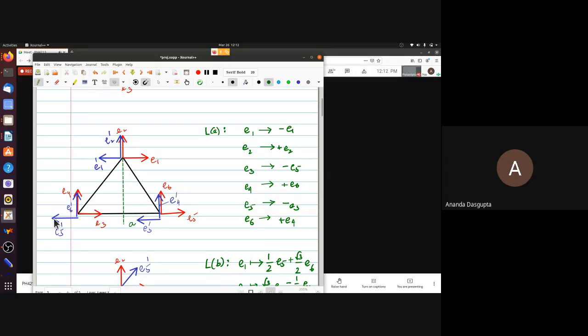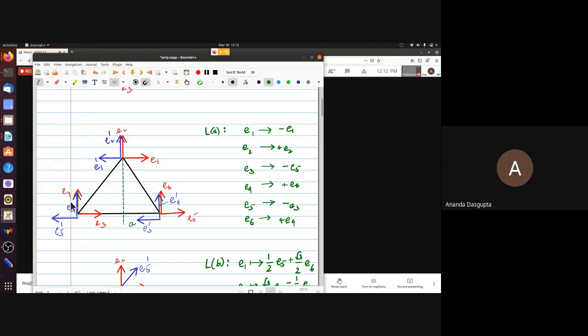However, all we are really interested in, or at least all we were really interested in prior to this class, was in the character for this particular element. And for the character, you just have to add up the diagonal elements, which means that among E3, E4, E5, E6, these are displacements corresponding to 2 atoms which have switched under this particular reflection.